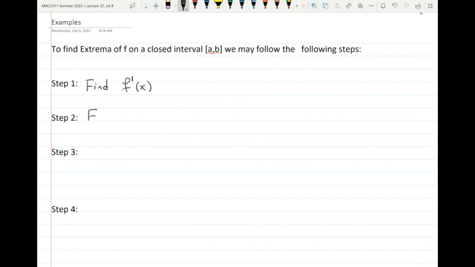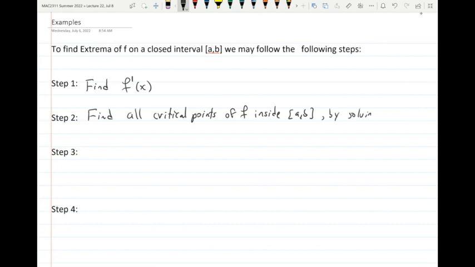Step number 2, find all critical numbers, all critical points of f inside the interval AB.